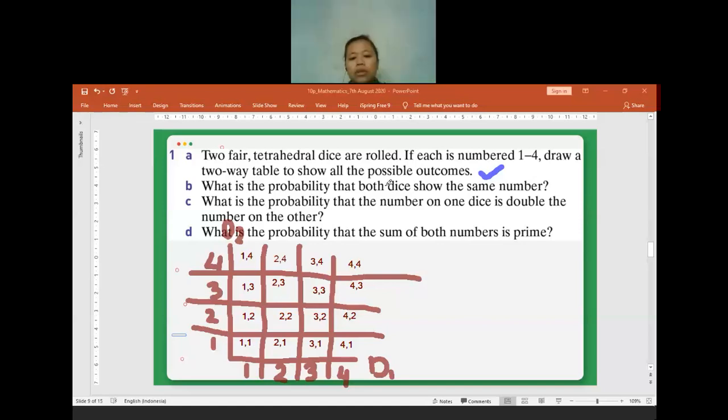Both dice show the same number. Same number, so like 4, 4, 3, 3, 2, 2, 1, 1, like that. So 4 out of how many? 16. Okay, can we simplify 4 out of 16? 1 per 4. Okay, is there anyone who is confused?